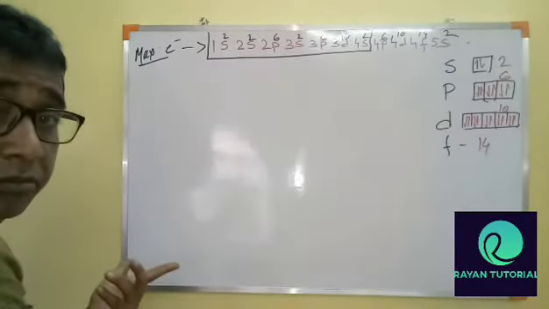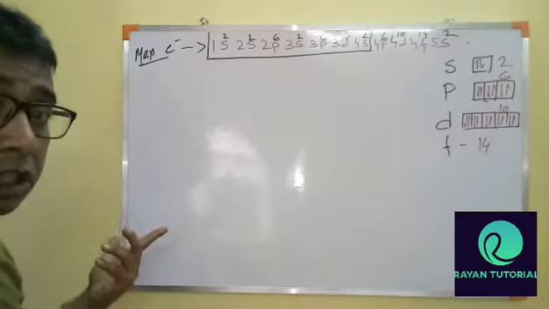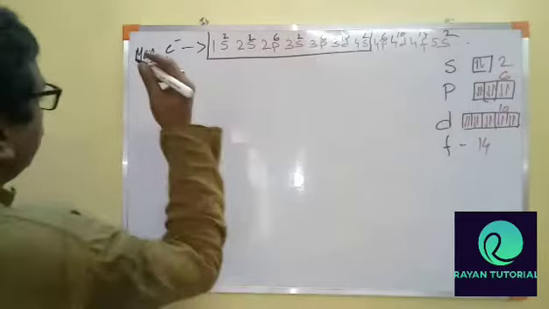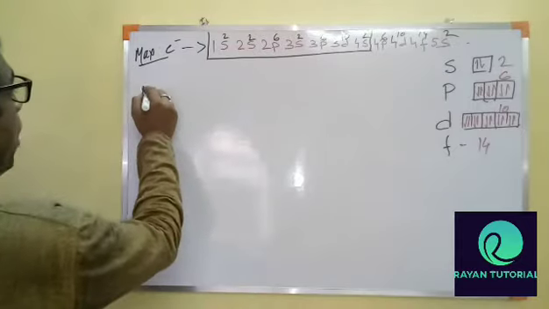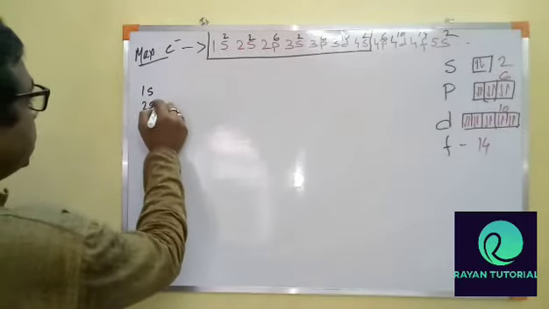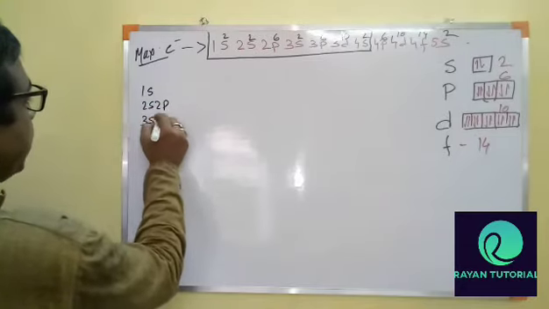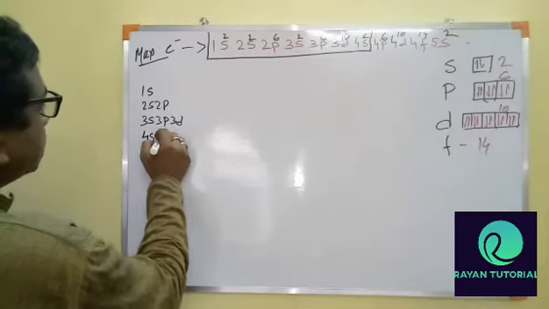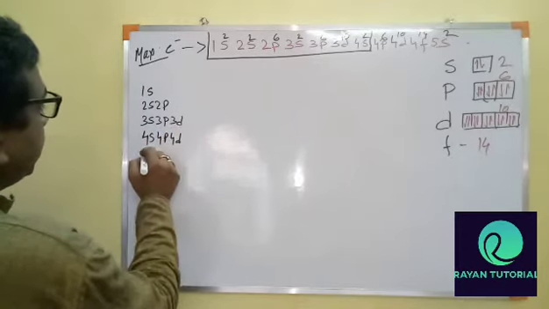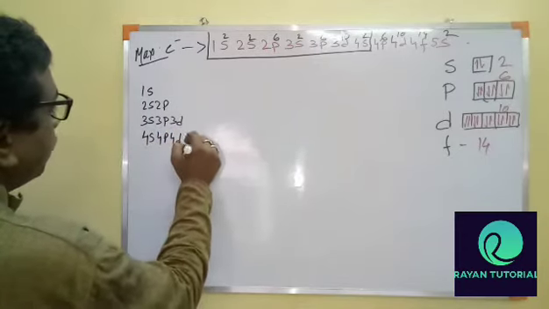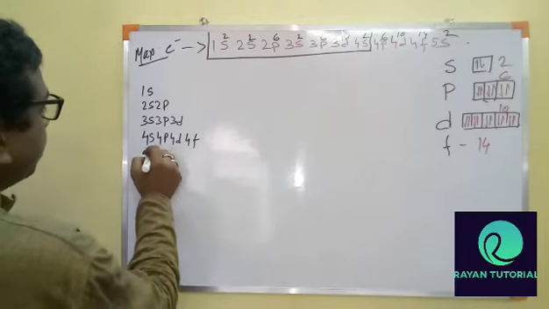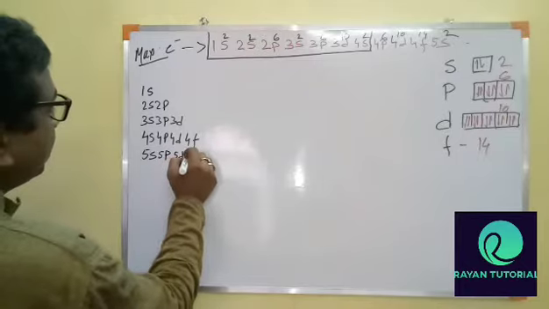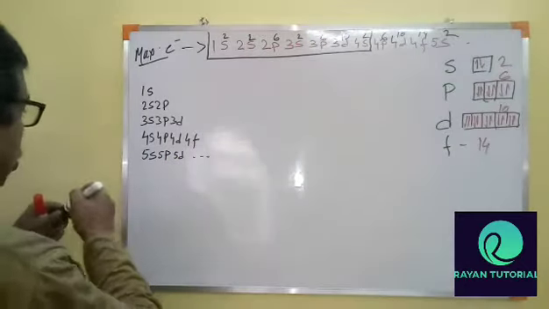Now, the Aufbau principle, you remember what is the order? Let us do that one again in short. 1s, 2s, 2p, 3s, 3p, 3d, 4s, 4p, 4d, 4f, 5s, 5p, 5d, and so on.